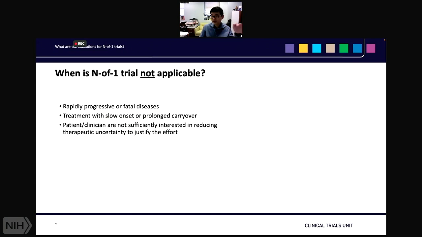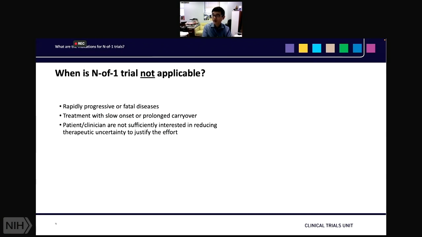If the patient declines quickly, there's no way we could conduct the experiment. And treatment with slow onset or prolonged carryover effect might not be an ideal candidate for N-of-1 trials. Again, it can be done using physical washout or analytical washout, but there's some limitation there.